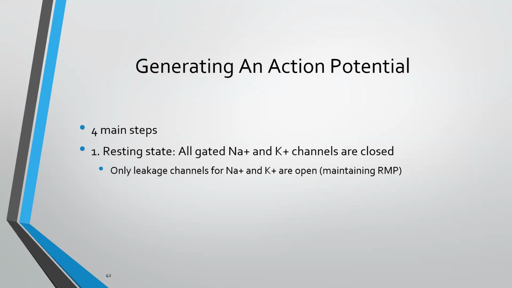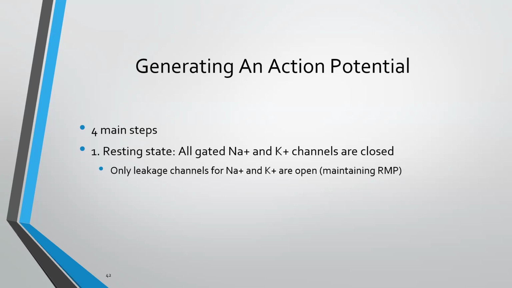So there's four main steps in generating an action potential. An action potential is a rapid change in the membrane potential that propagates down the axon, and it involves depolarization, repolarization, and then sometimes hyperpolarization.